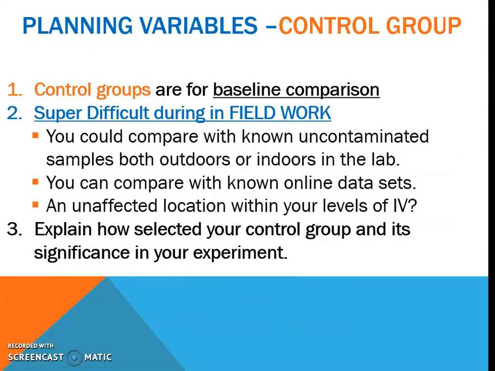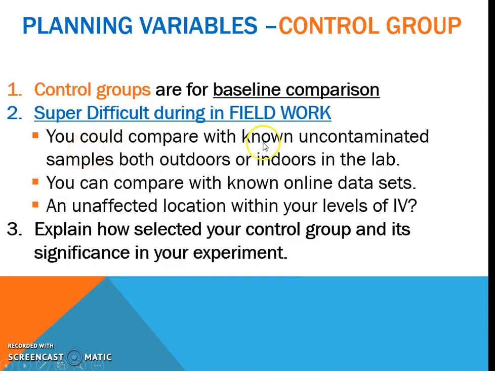All right, the next thing that would be involved after really fleshing out the IV and DV formally in your planning section would be to really think about, do I have a control group? Do I have something that can act like a baseline or comparison? Now, since we're really doing field work now, it's really hard.